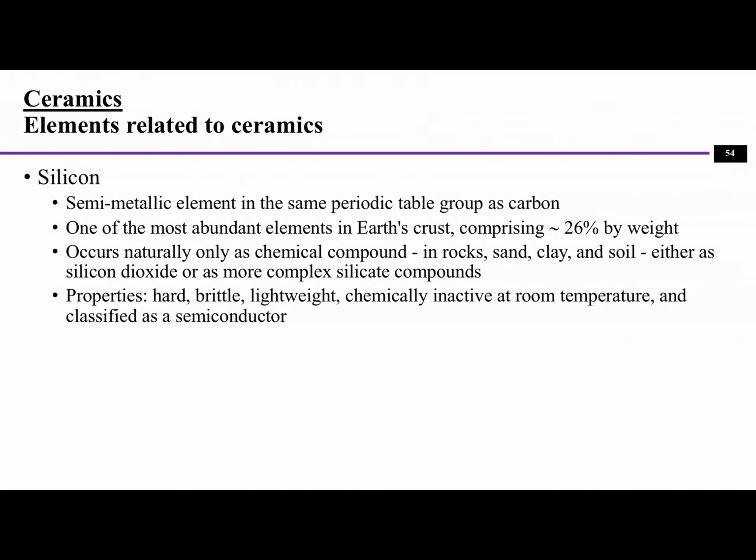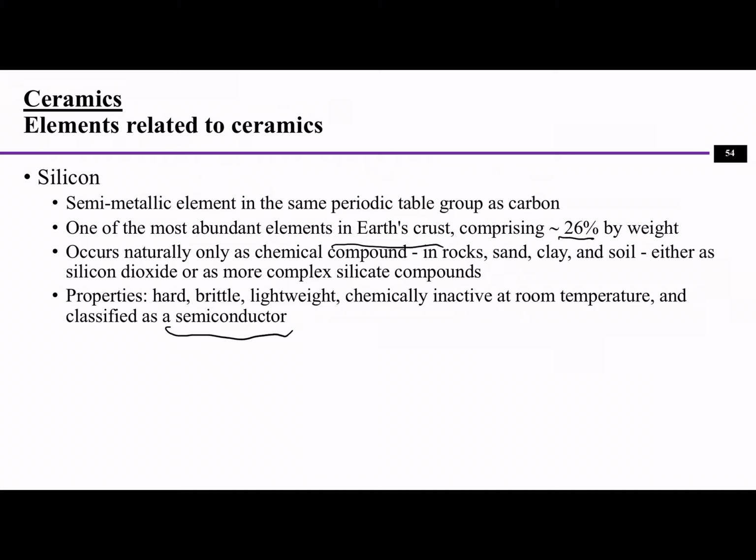And silicon is a very special element because it can perform differently under different temperatures, especially for conductivity. That's why it's used a lot in the electronics industry as a semiconductor. Silicon is actually really abundant in the Earth's crust.